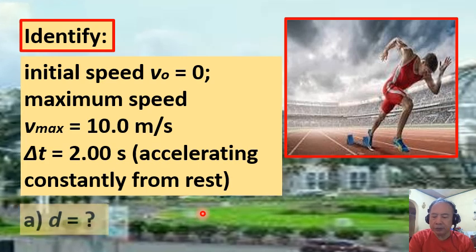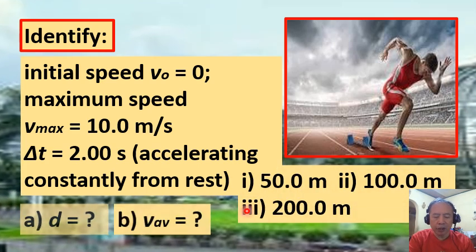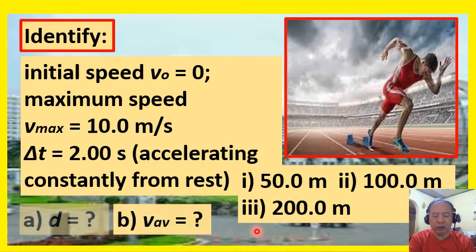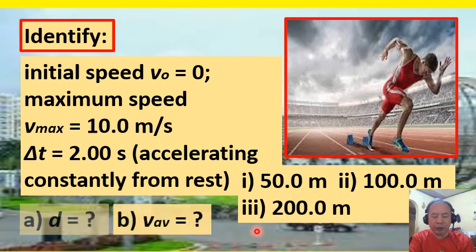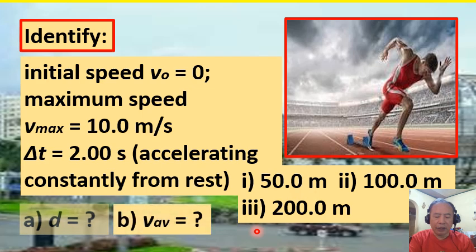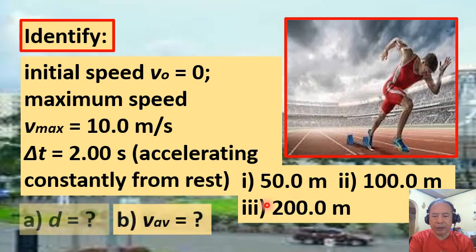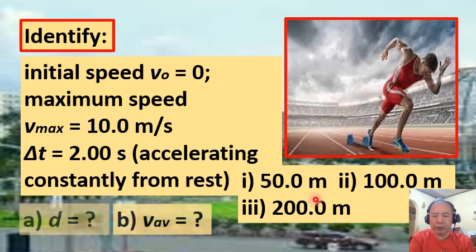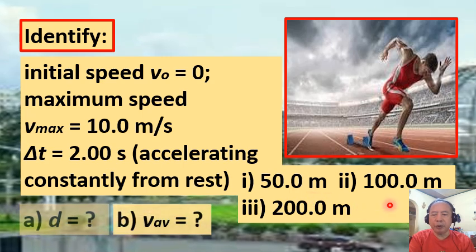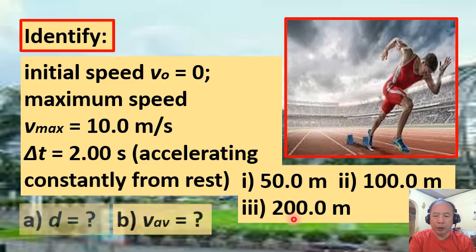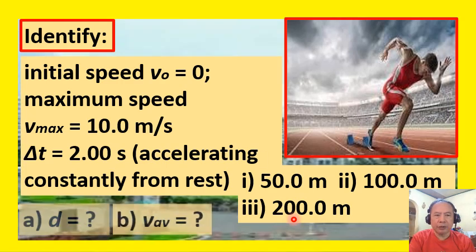And in part B, our target variable is the average speed of the sprinter for a race of these distances. All right. We have number one, 50.0 meters, number two, 100.0 meters, and number three, 200.0 meters.